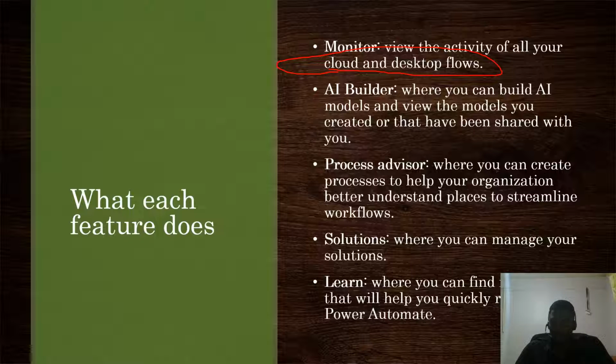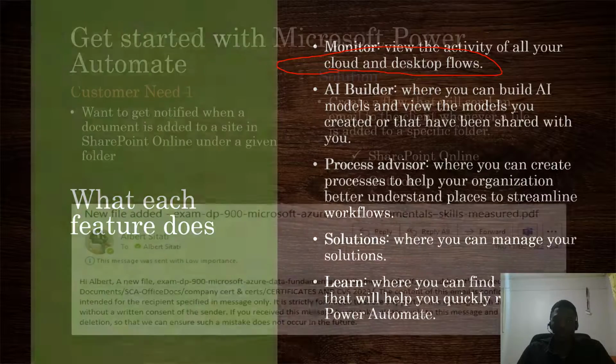This is where you can create processes to help the organization better understand places to streamline workflows. There are Solutions. This is where you can manage your solutions. And Learn is where you can find information that will help you quickly ramp up on Power Automate. This is where you'll get more documentation on Power Automate, how to use it, and troubleshooting. If your flows are not working, you can get the answers from Learn.